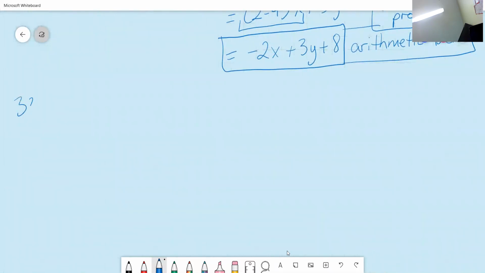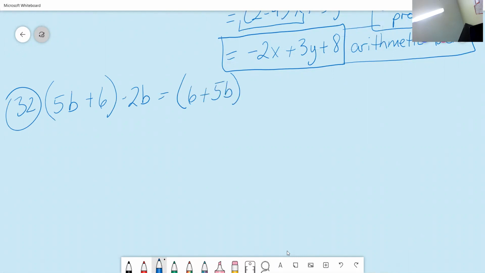Okay, so number 32 tells us that 5b plus 6 minus 2b equals 6 plus 5b minus 2b. Now we can see that we have not changed our order of operation.